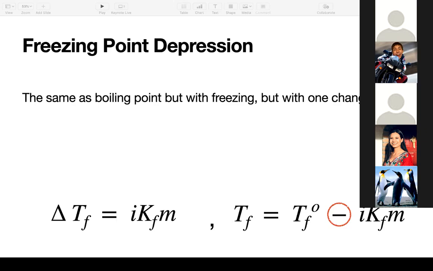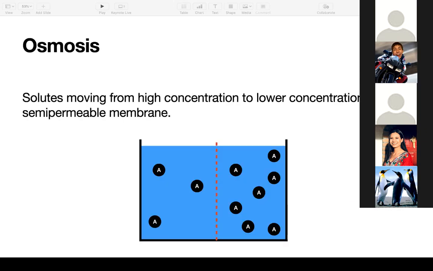And I think next I have osmosis. You guys are going to be really impressed with this one. Osmosis is solutes moving from a high concentration to a lower concentration through a semi-permeable membrane. It's a lot of big words, but really the main thing is, when given the chance, if you have two different solutions, they're going to mix until they become the same concentration.